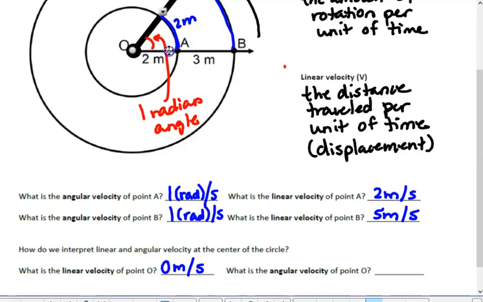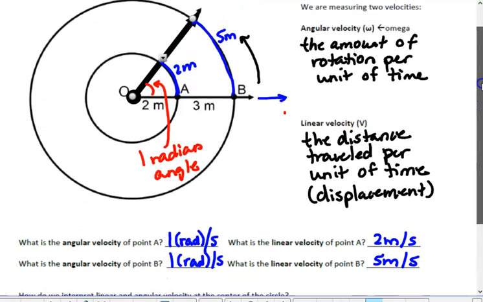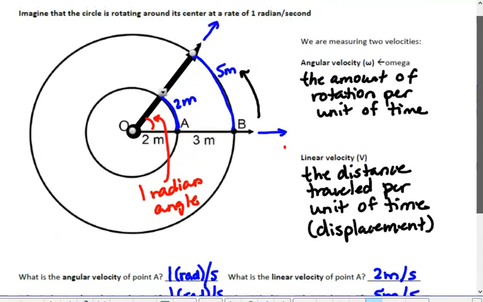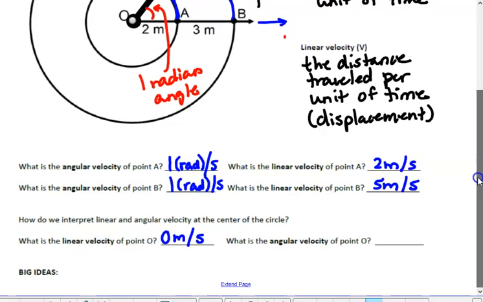If you imagine 3 people in a row, all facing this direction to start with, and then they all rotate, now they're all facing that direction. They all rotated the same amount. So the angular velocity of point O is still 1 radian per second, just like points A and B.